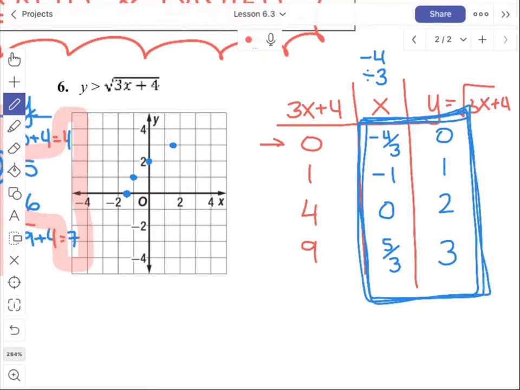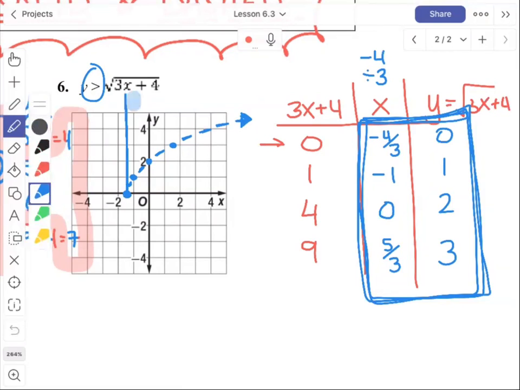Because it is just greater than, there's no equal to, I have a dashed line. And because it's greater than, I'm going to shade above. So starting point, draw a vertical line straight up from that starting point, and then shade above the graph.